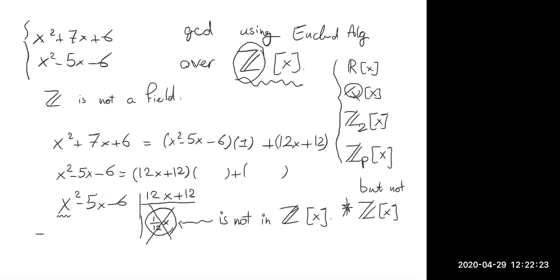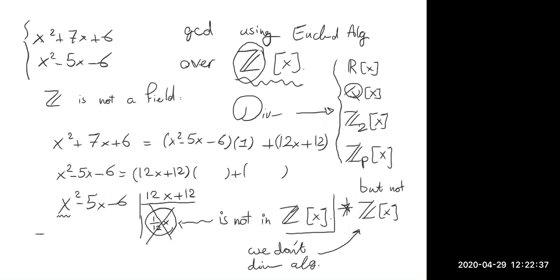Why do we have a division algorithm here, but we don't have one here? We can't divide polynomials in Z[x], but we can divide polynomials in R[x], Q[x], Z2[x], and Zp[x]. Does anyone know why? Why are we allowed to divide polynomials in R[x], Q[x], Z2[x], or Zp[x], where p is prime?